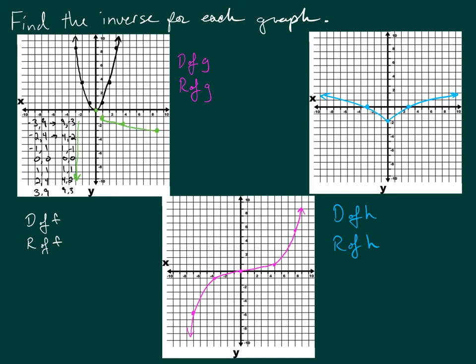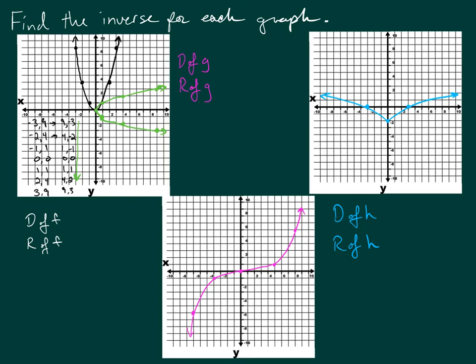I know 1, negative 1 is right there. 0, 0 is right there. 1, 1 right there. 4, 2 right there. And 9, 3 right there. And I'm going to put those arrows on it. So there is my inverse graph.